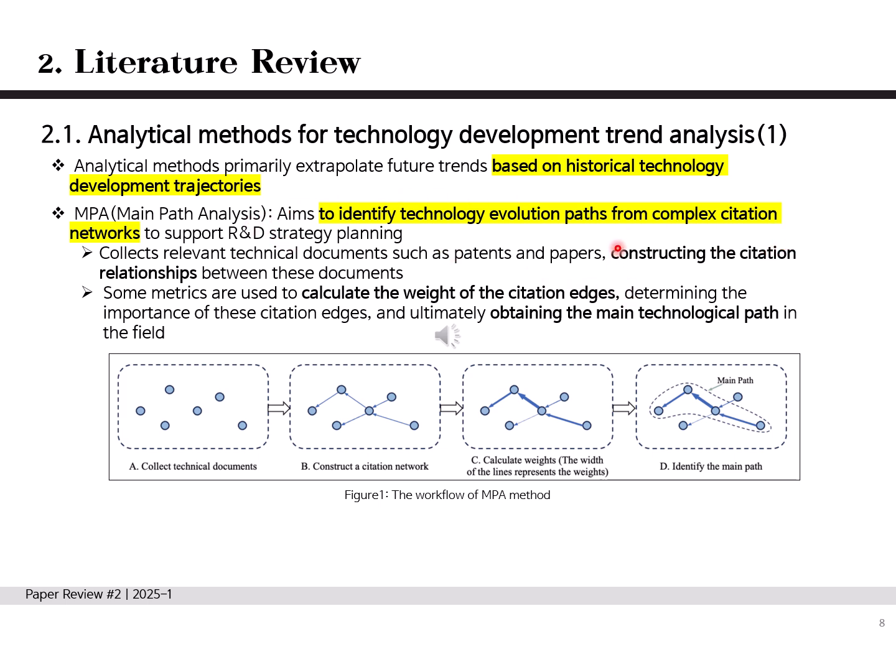They construct the citation relationships using patents and papers as technological documents, use metrics to calculate the weight of the citation edges, and obtain the main technological path.